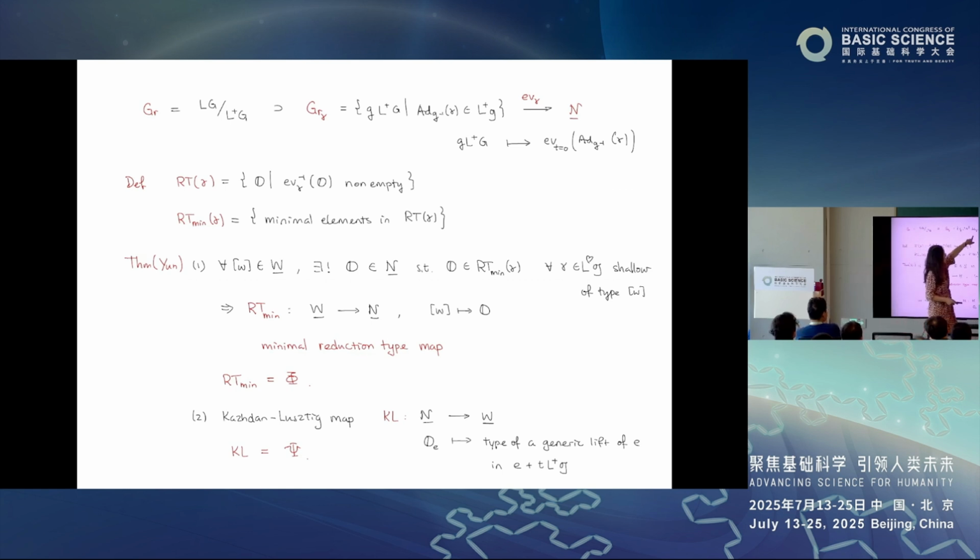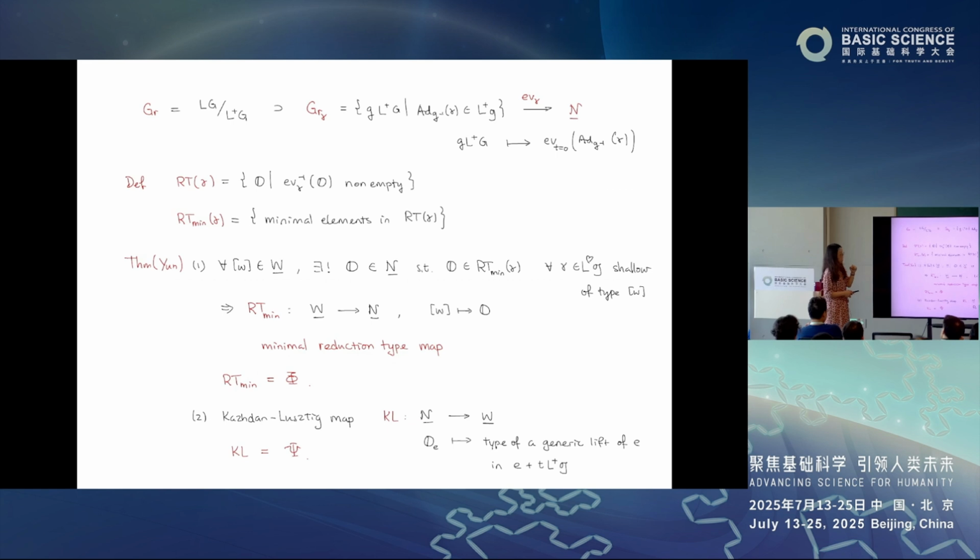So when you have an element here, you evaluate t to 0, you get an element in the finite G. And this thing is only well defined up to G conjugacy, because here you have an ambiguity of choosing an element in the coset. And so this provides you a map from this set to the nilpotent orbits in the nilpotent cone.